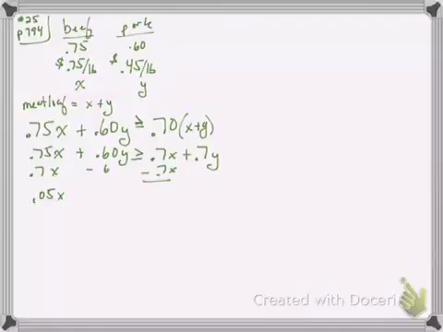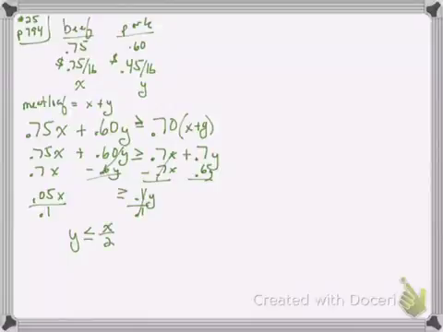Then I'll subtract a 0.6y, so those cancel. We end up with 0.1y. I want y by itself, so I'm going to divide by 0.1 on both sides. They cancel, and now I have y is less than or equal to 0.05 to 0.1, which is the same as a 1 to 2 ratio. So I'm just going to write this as y is less than or equal to x over 2.